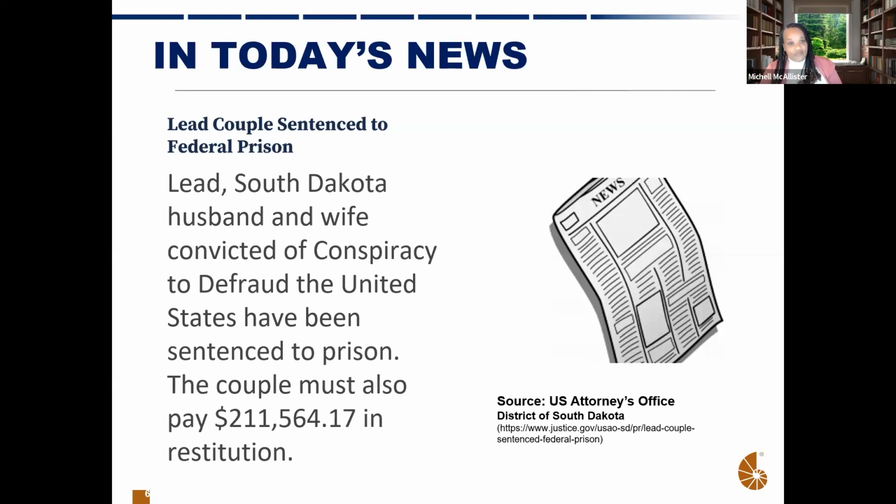Also, on this website here, I went to justice.gov and it took me to the Department of Justice website, and then it'll take you down through the different states, and you can read headlines all about different cases that have gone through the court, current cases, old cases, and what happened with the case. This particular South Dakota case with a married couple happened just this month in May, and these people were convicted.